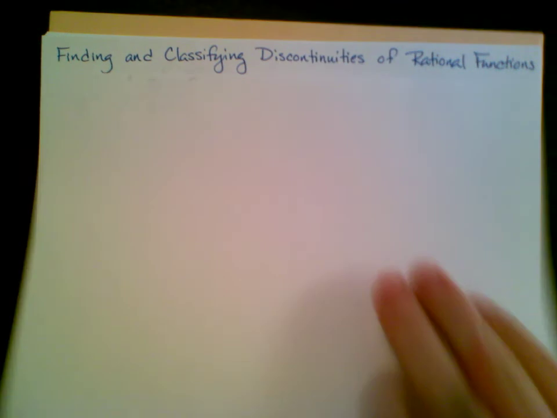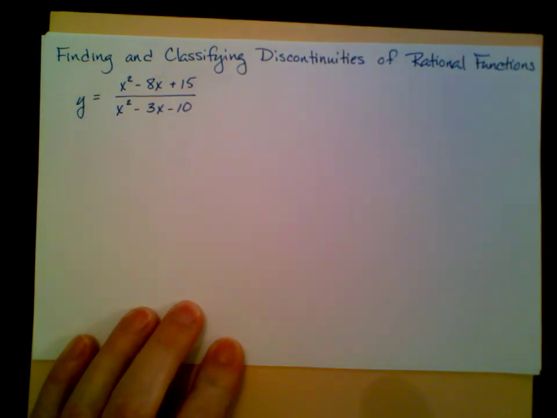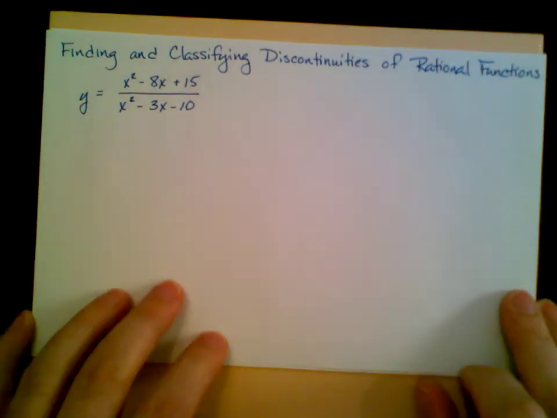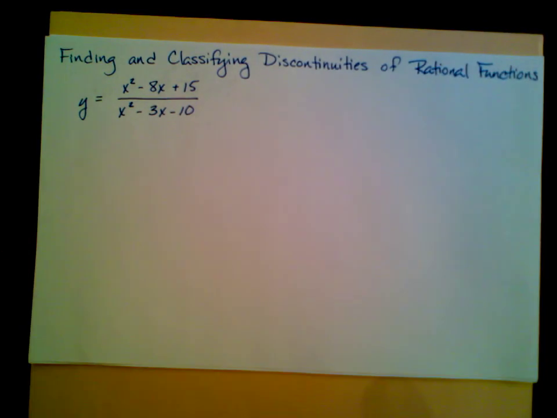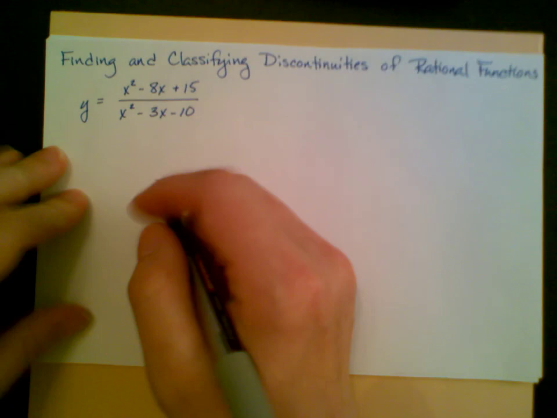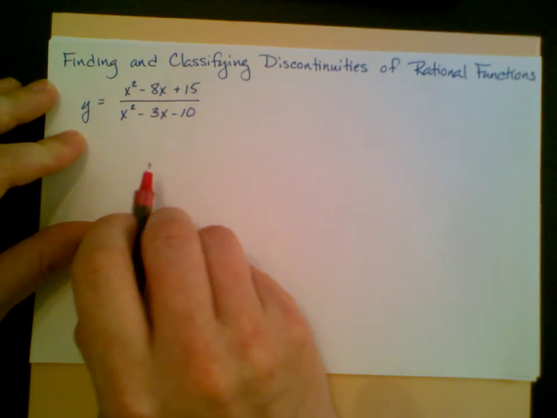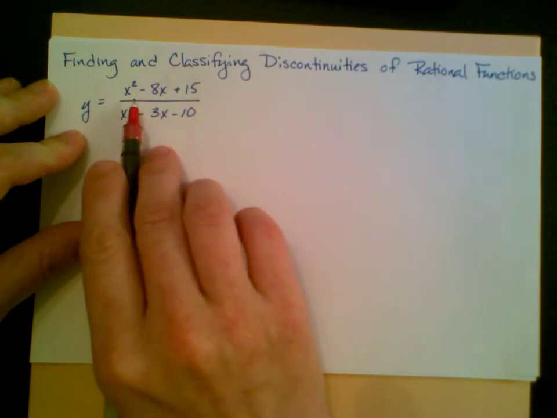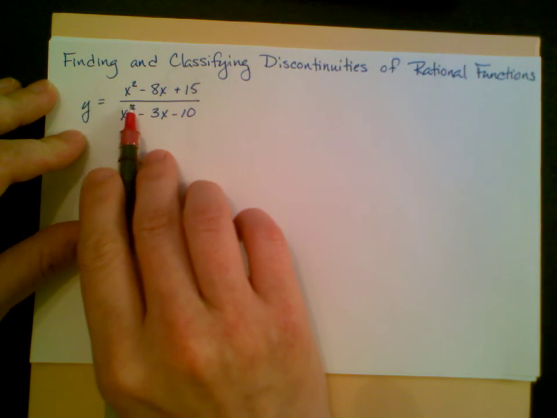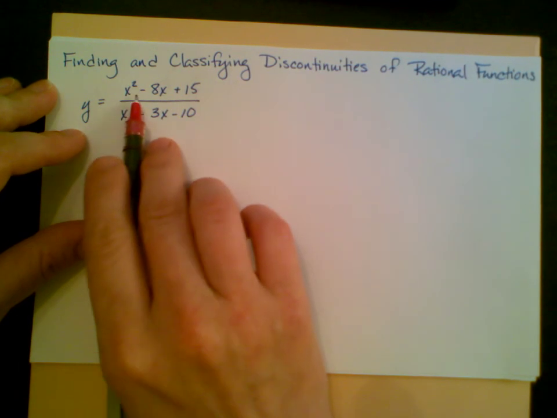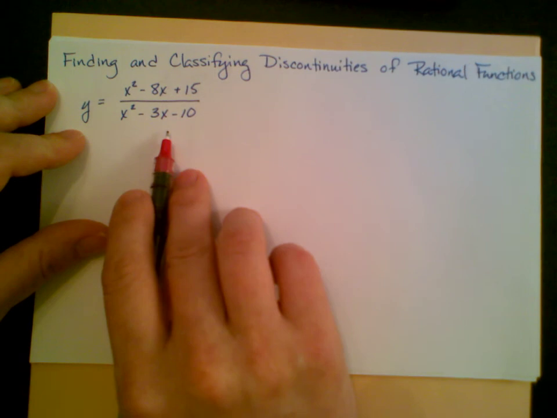Let's look at our first example. As it says in the finding and classifying discontinuities reading, my first step is that I need to find them before I can classify them.